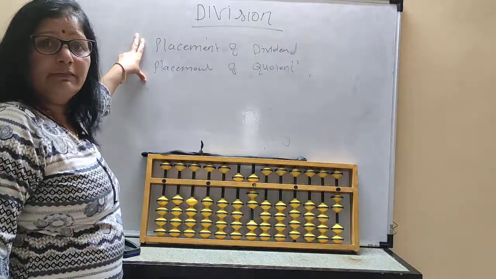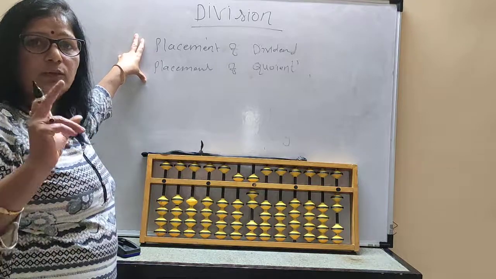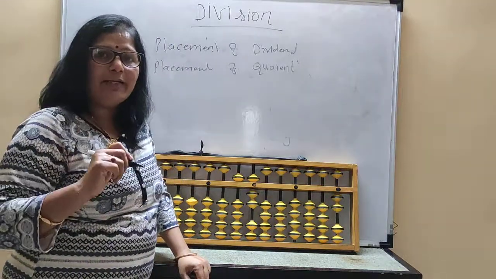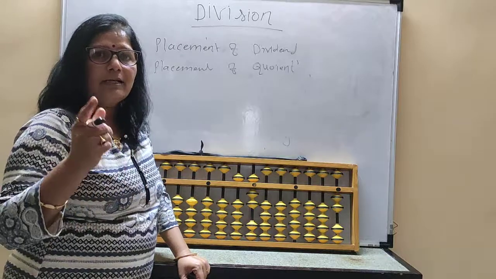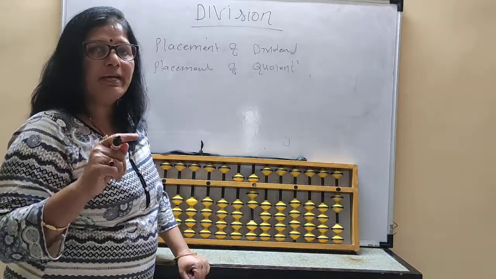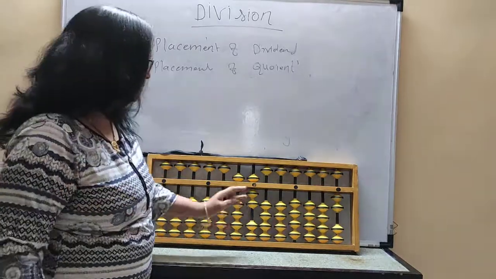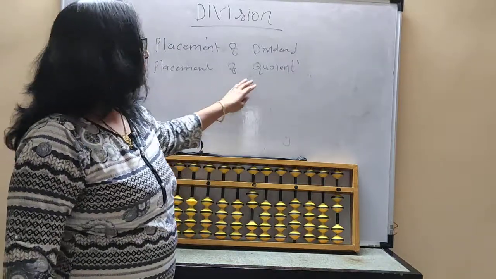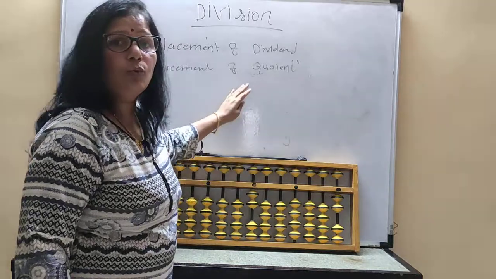For the dividend we first count the digits and subtract, and there is another minus 1 we subtract, and the answer is where the dividend's placement starts. And for placement of quotient there are 2 rules.